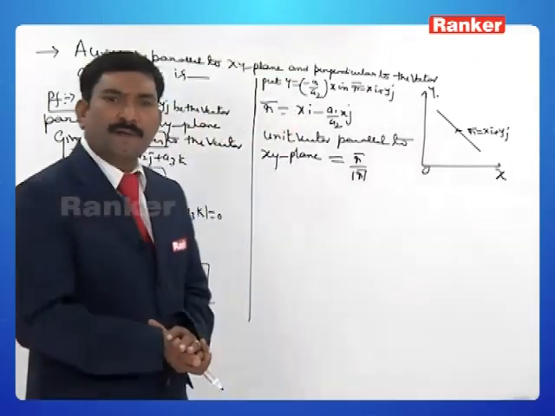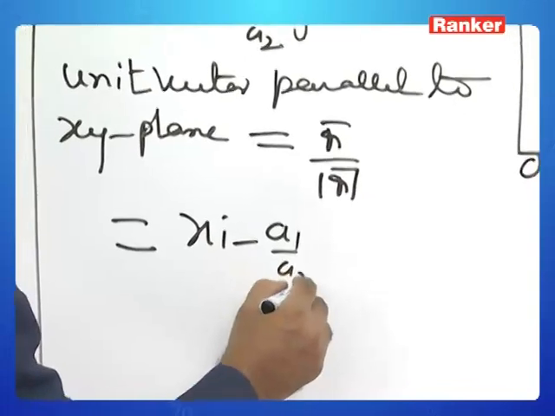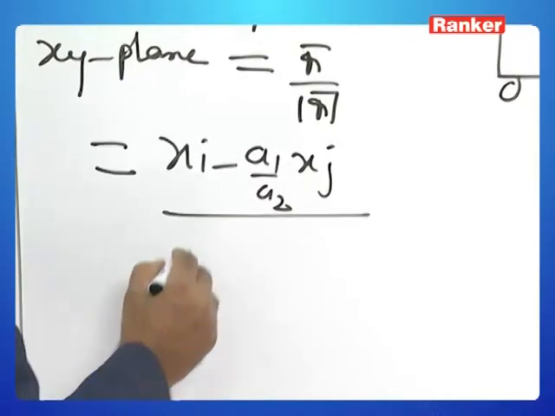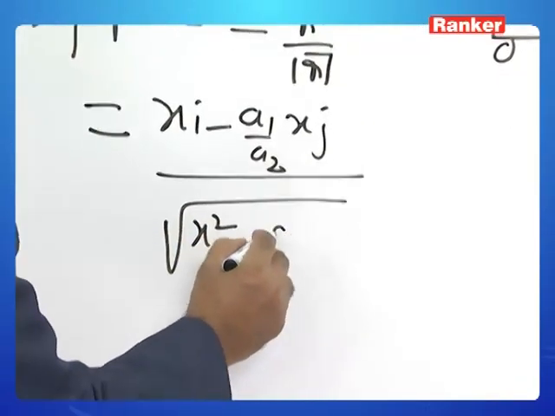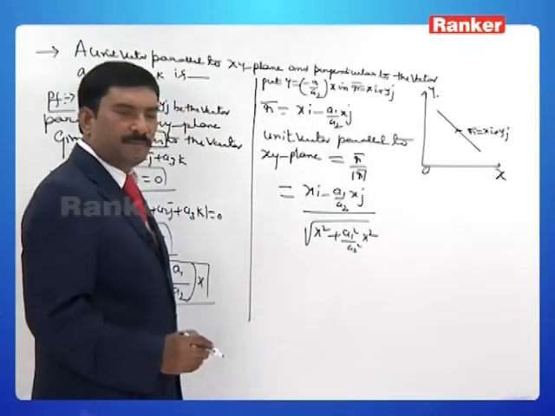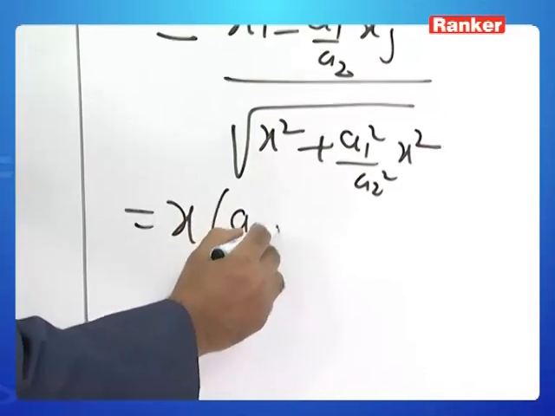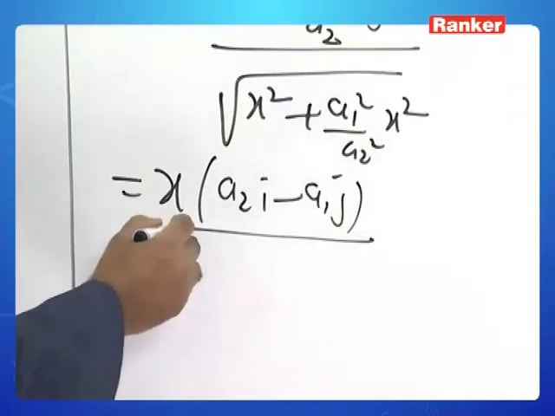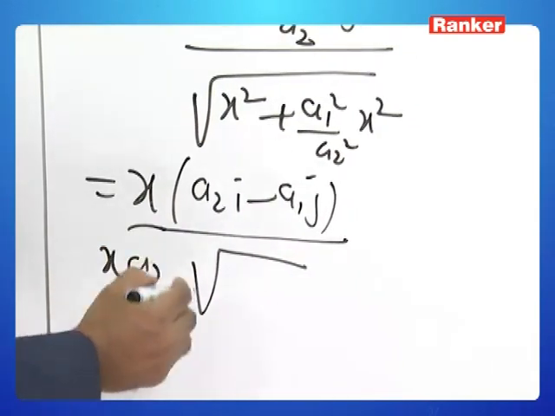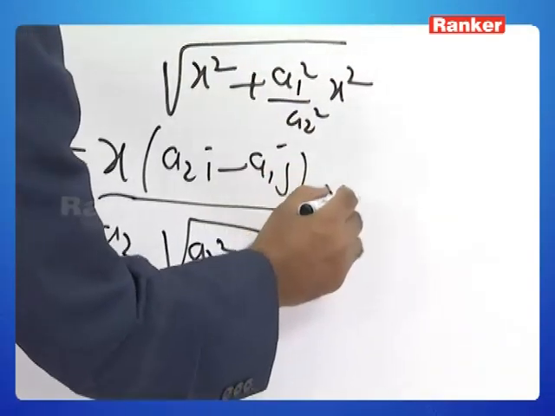So I can write this as plus or minus xi minus a1 by a2 x j, divided by square root of x square plus a1 square by a2 square into x square. Followed? Now you take x outside. So x into a2 i minus a1 j by a2, into x taken outside, square root of a2 square plus a1 square. This a2 square comes to the numerator.